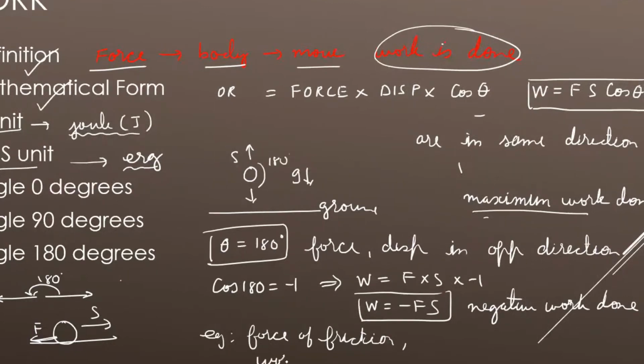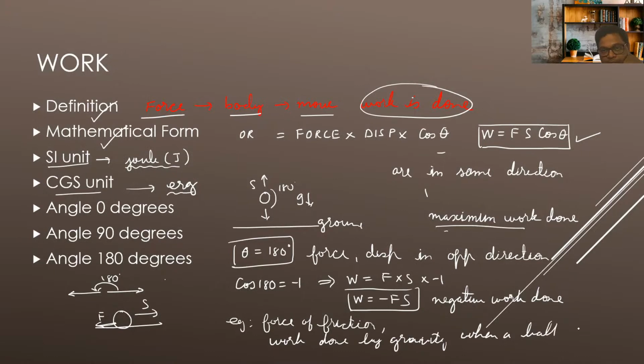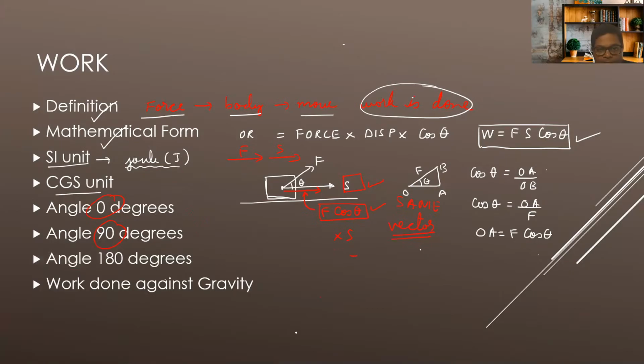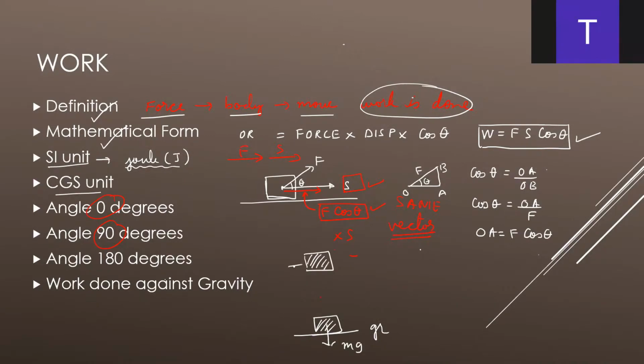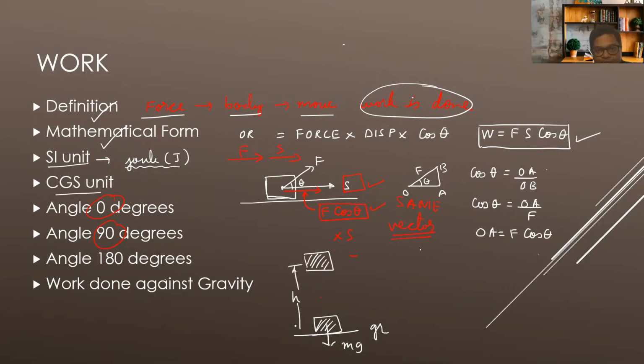So work done by gravity when a ball is thrown upwards. This is the ground, and an object is pulled down with a force mg. Now, if you are pushing the object to a height h, so work is equal to the force into displacement.